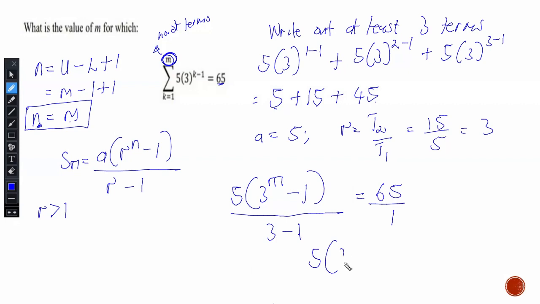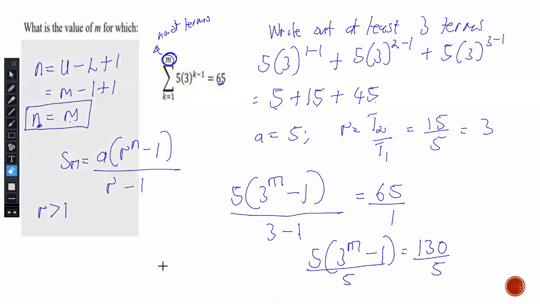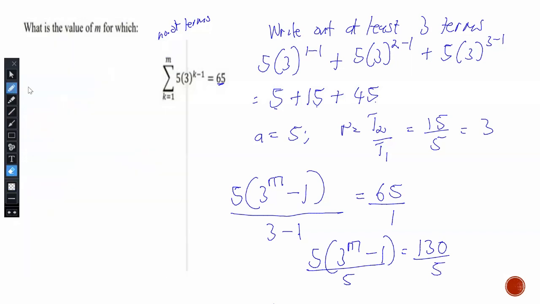We end up with 5, 3 to the exponent of m minus 1, and then 2 multiplied by 65 will be 130. Now I need to get rid of this 5. Divide both sides by 5. So 130 divided by 5, that's 26, right? So I will have 3 to the exponent of m minus 1 is equal to 26 from dividing by 5 here.